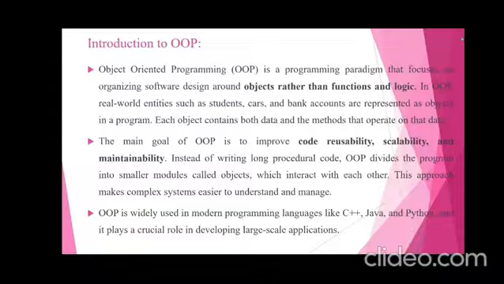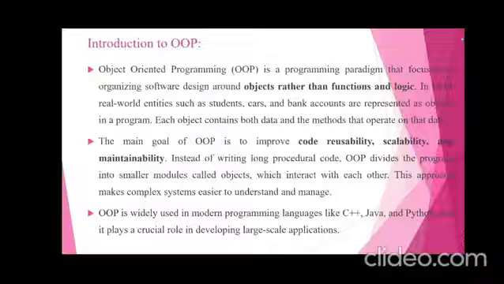And the next one is that object-oriented programming is widely used in modern programming languages like C++, Java and Python, and it plays a crucial role in developing large-scale applications. Which means most of the popular programming languages we use today such as C++, Java and Python are based on the object-oriented programming concept.